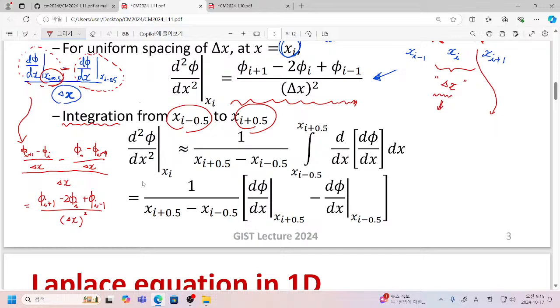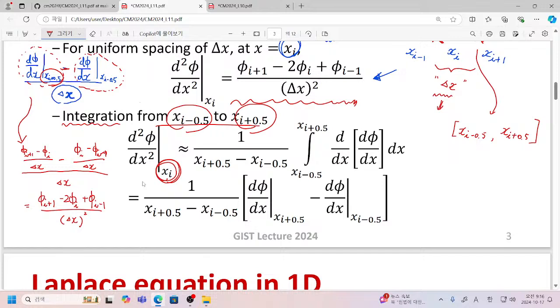Although we have to calculate the value at a position x sub i, instead of calculating exactly at that point, we want to make a certain average over a small or relatively short domain. The domain is given from x_{i-1/2} to x_{i+1/2}, and here we can do it this way.